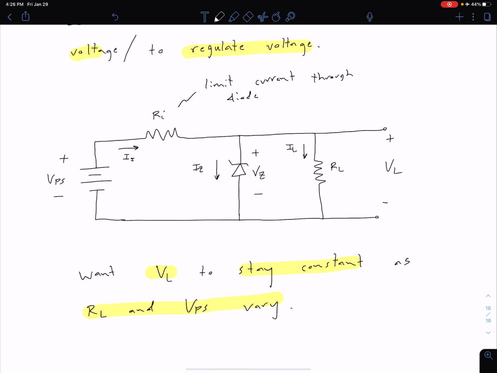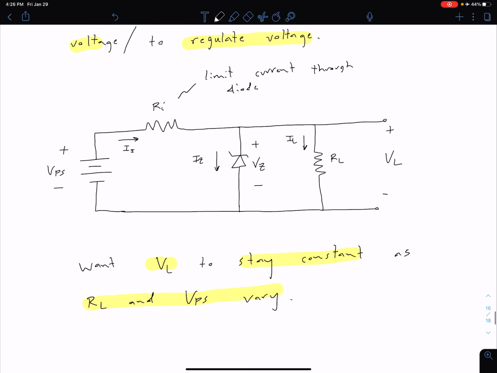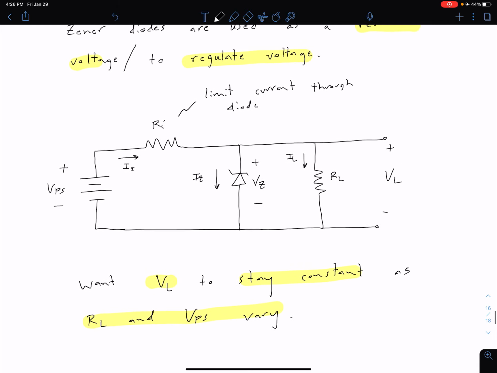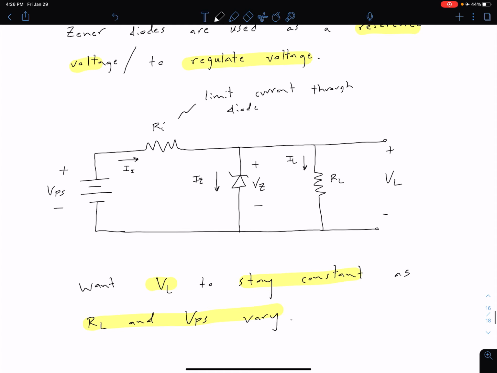Okay, so now let's look at some analysis. What we're going to do is start with some basics here. We're going to do KVL and KCL. From our KVL, we can say that we have a voltage drop across our Ri that looks like this, such that we can use positive sign in any IV equations from passive sign.